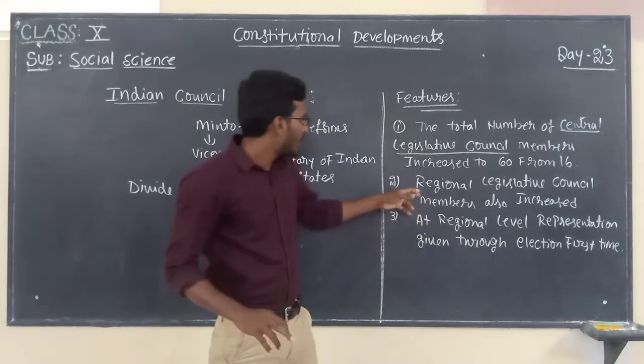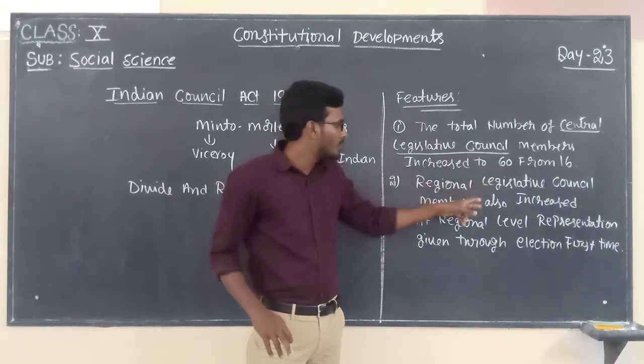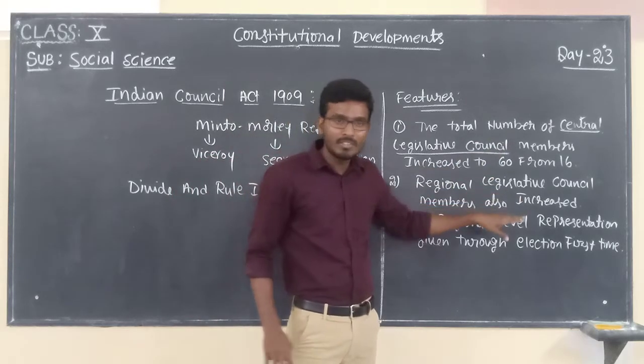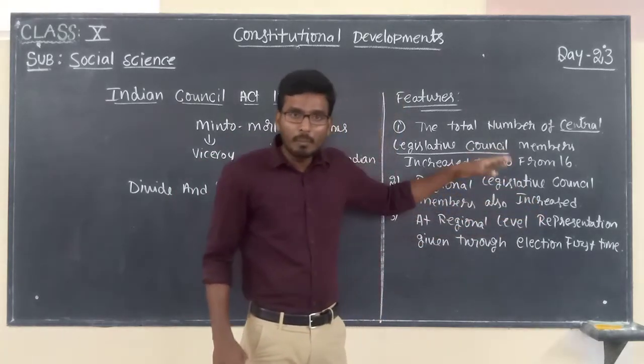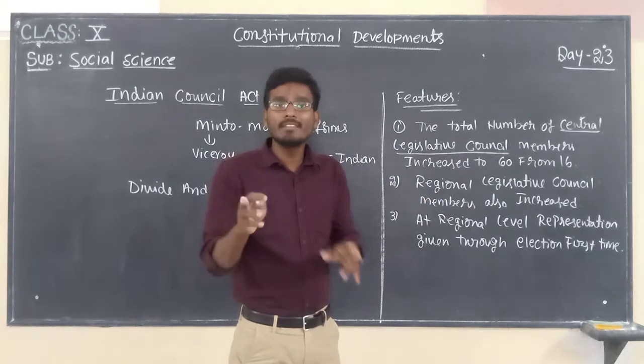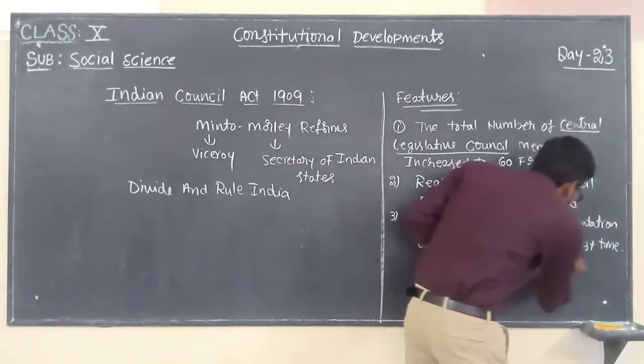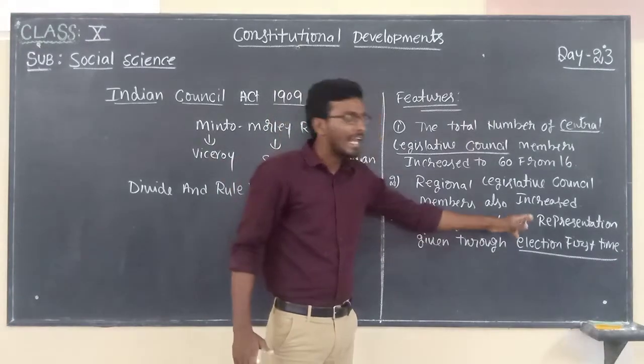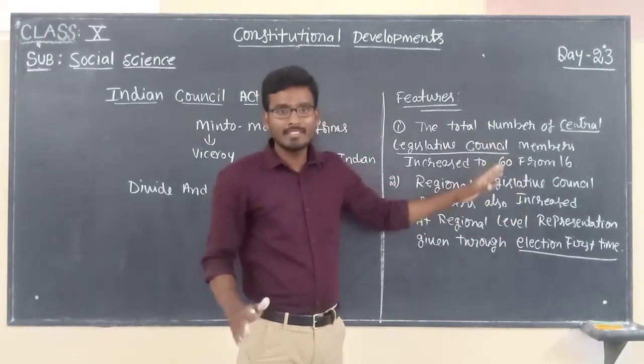In the previous point we discussed that regional legislative council numbers also increased, right? In the regional level legislative council, representation to the people is given on the basis of election. For the first time, to give representation in the regional council, elections were conducted.